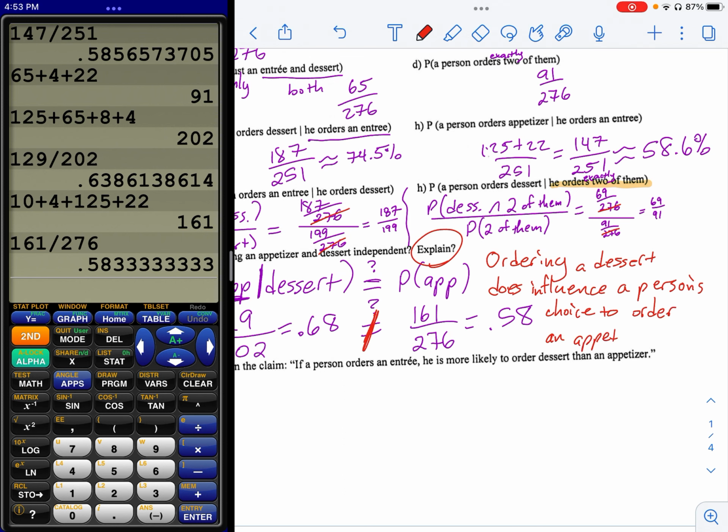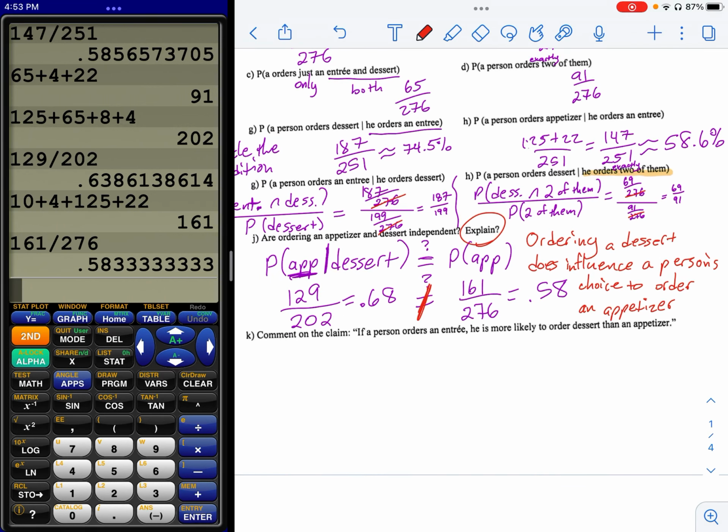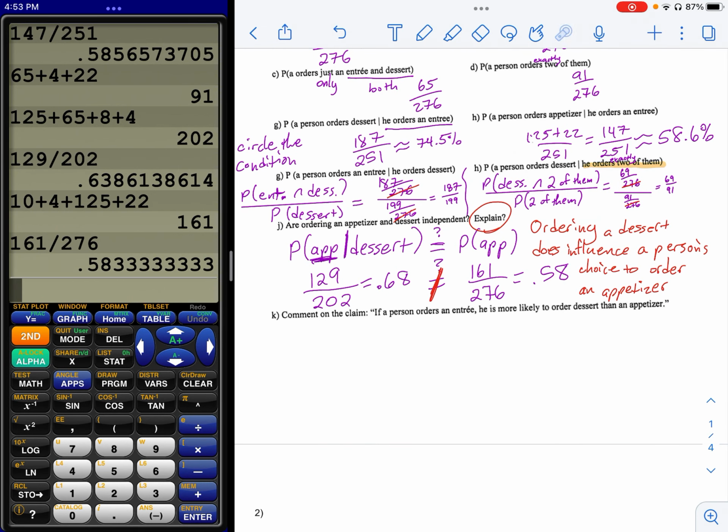That makes sense, right? Maybe you're at the restaurant, order your wings appetizer, and then they come by, and now you're full, you ate too much, and now you don't order dessert. I don't know. By the way, it doesn't matter which way you do this. If you switch these, that would also be fine, and it would also not work out. So it doesn't matter which way you go.